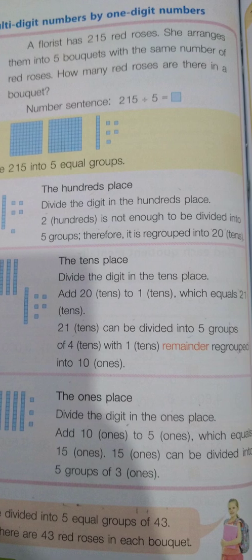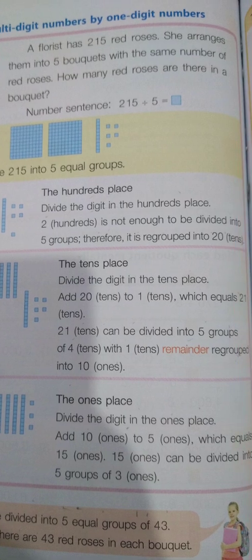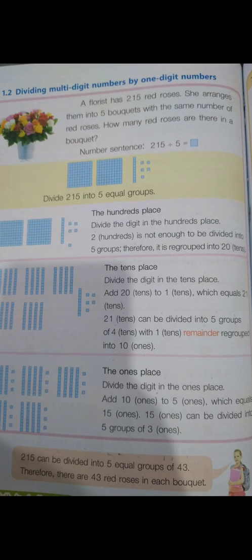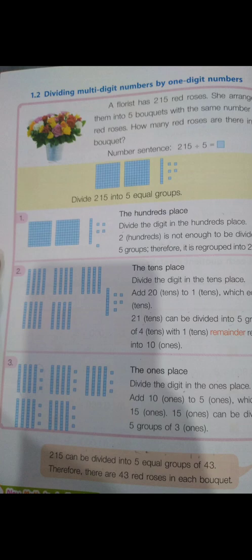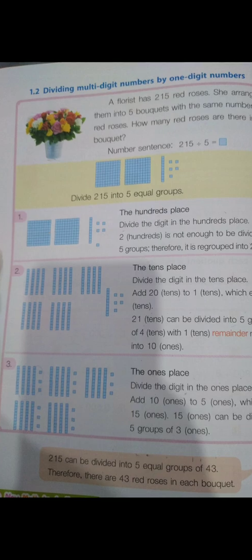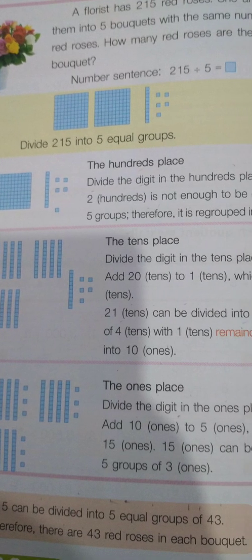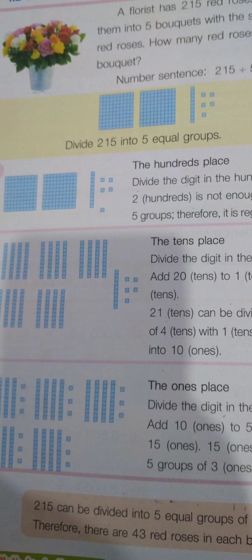Add 10 ones to 5 ones, which equals 15 ones. 15 ones can be divided into 5 groups of 3 ones. 215 can be divided into 5 equal groups of 43. Therefore, there are 43 red roses in each bouquet.